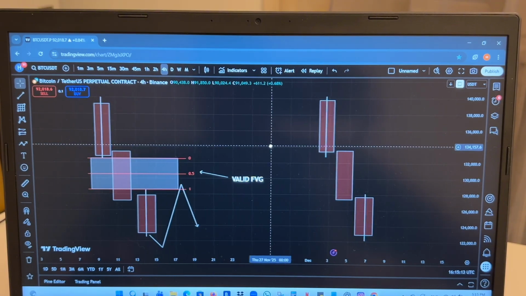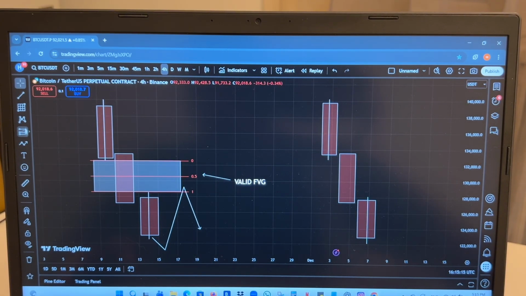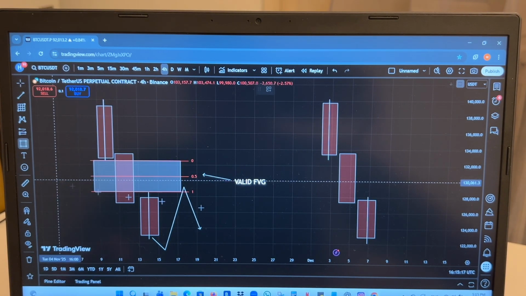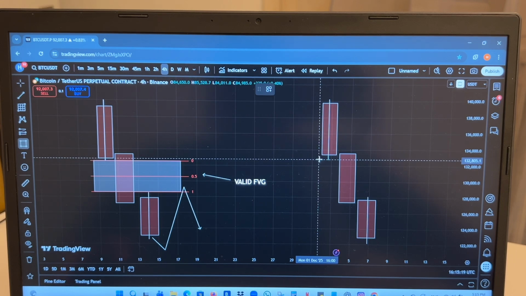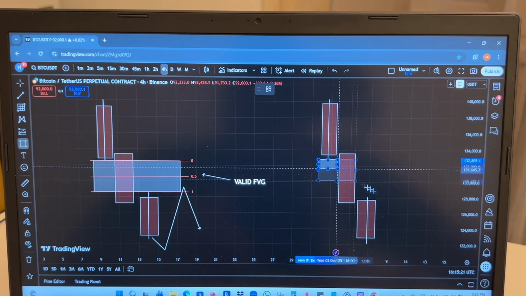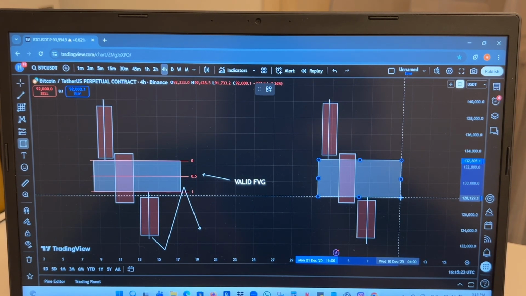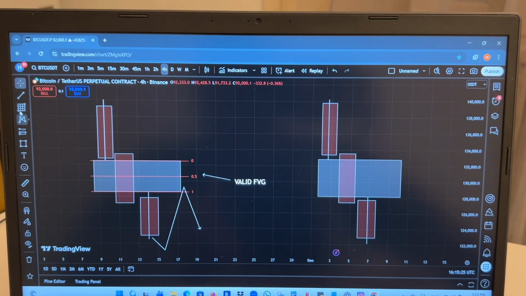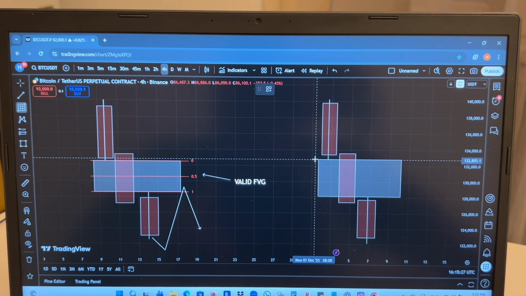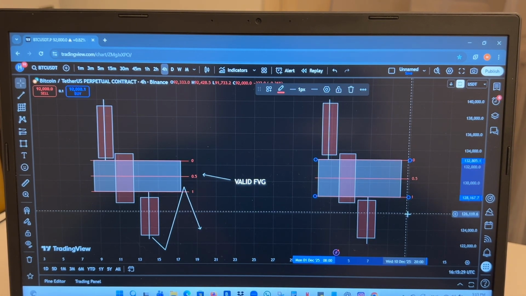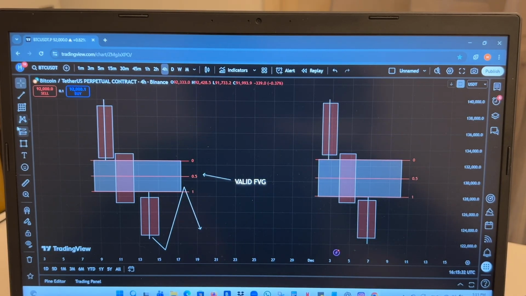Okay, and then let's talk about the other scenario. Right now in this liquidity pool, we can see that this is an FVG, and we're going to put the Gann Box tool. There you go, we can see the 0.5 level clearly.